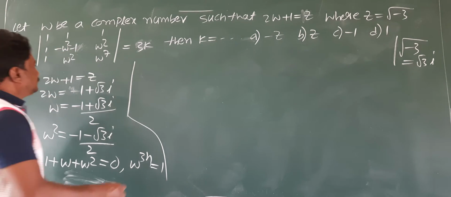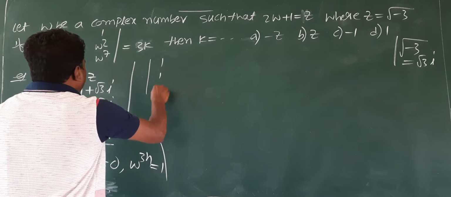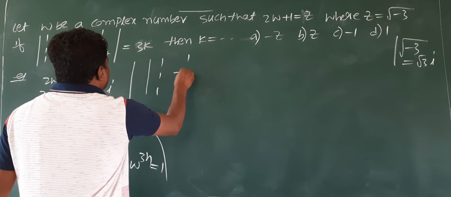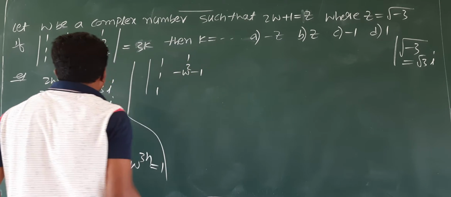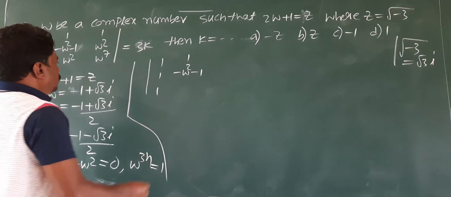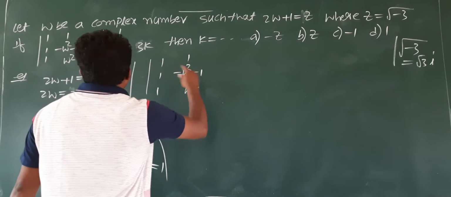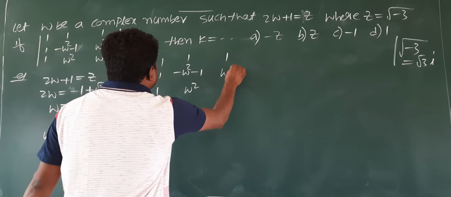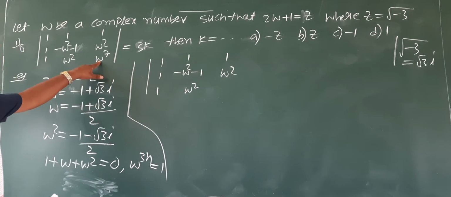Before that, the determinant has 1, minus omega square, minus 1, next omega square, next 1, omega square, and omega power 7.